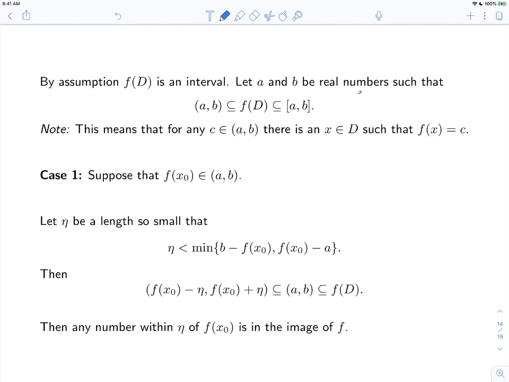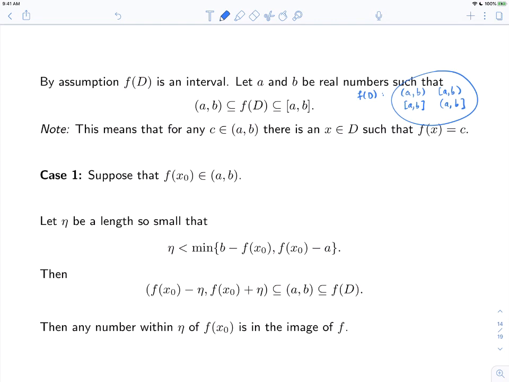So that means that f of D is equal to either the open interval or the closed interval, or an interval that includes a but not b, or b but not a. These are the only options. So what we know about f of D is that it at least contains or is equal to the open interval (a, b), and it's contained in or possibly equal to the closed interval [a, b]. So we know that much for sure.